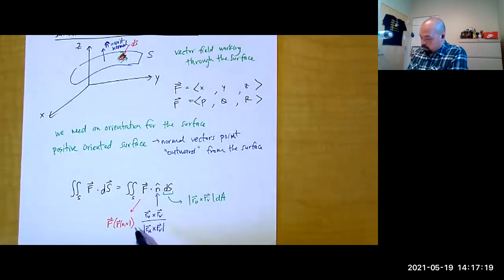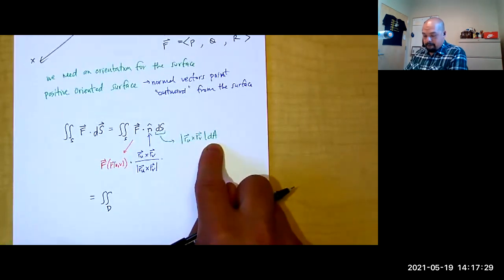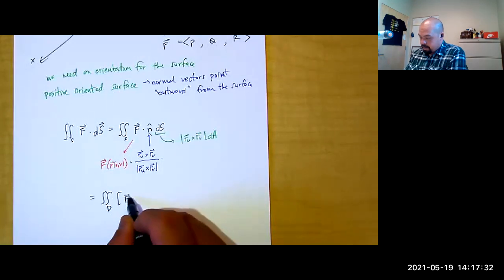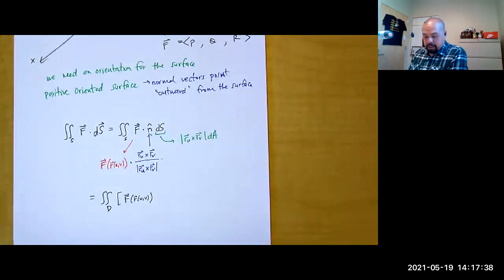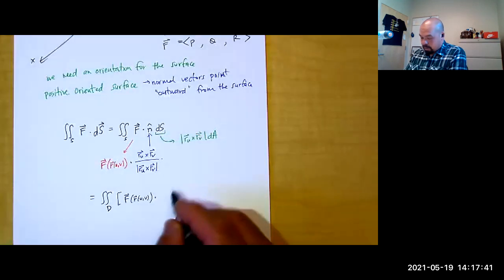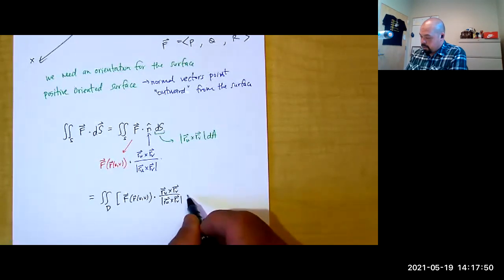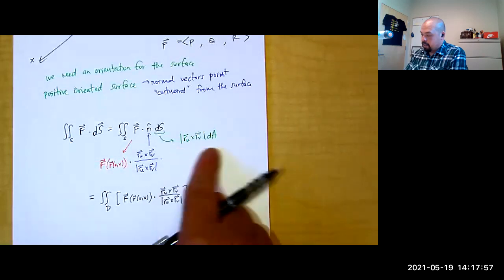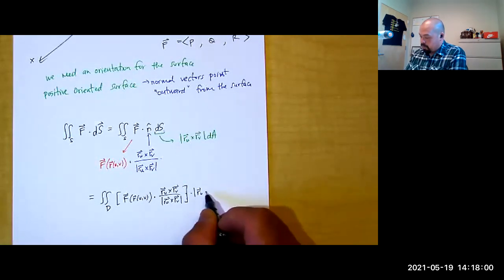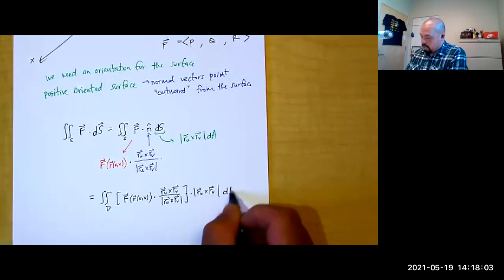So then this integral, when we're multiplying those components together, becomes this integral over the region D of our F of R of UV, the parameterization of the parametric surface, multiplying by RU cross RV over the magnitude of RU cross RV, then our ds component, that magnitude RU cross RV dA.